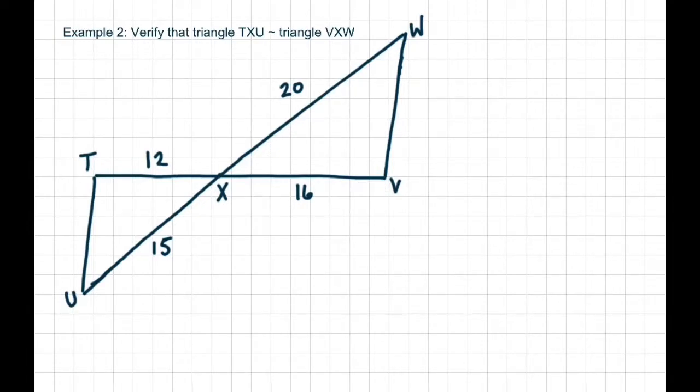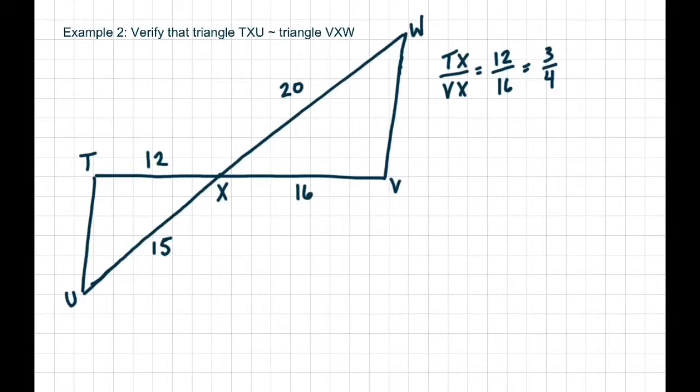So let's try TX and VX. I have TX over VX, and TX is 12, VX is 16. That comes down to 3/4. Then I look at my next two corresponding sides.